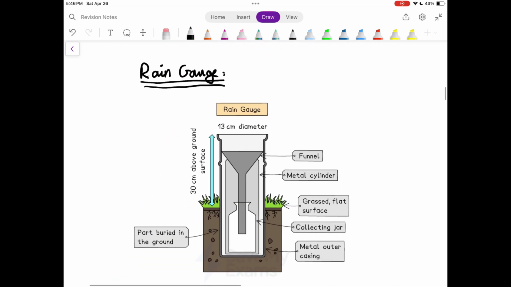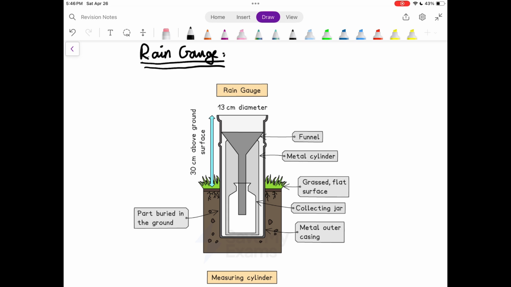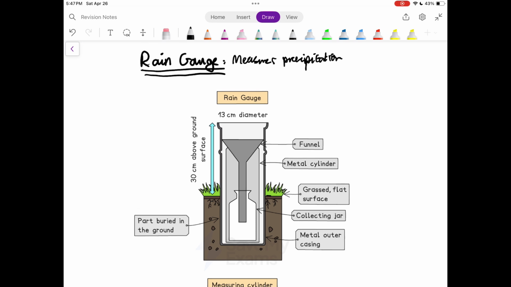Next, we're going to be looking at a rain gauge. Basically, it measures precipitation. This precipitation can be in the form of rain, hail, sleet, or snow. What happens is that a small depression is created in the surface, and a small jar is placed into the depression. A funnel is placed on top as shown in the diagram, and over time water will be collected through the funnel.